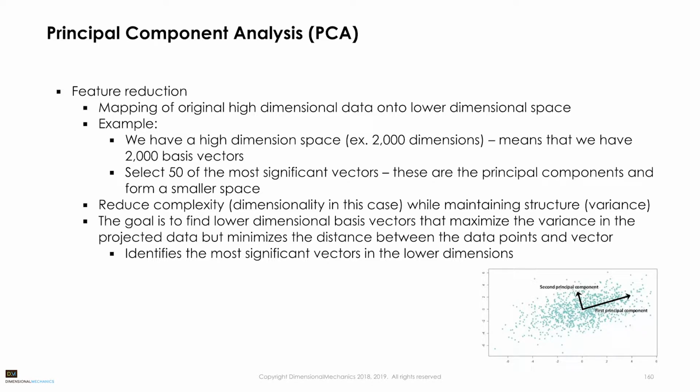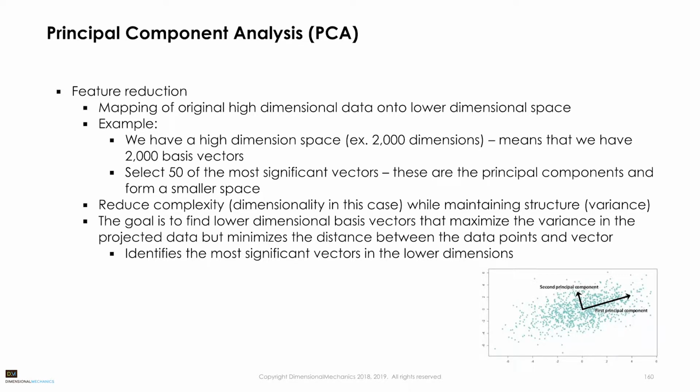There is loss of information any time you go from a high dimensional space to a lower dimensional space. There will be some information loss as part of the process. It's not like there's no information loss. What you're trying to do is find the most significant vector. If you start with a huge number of dimensions, you want to figure out, in a lower dimensional vector, which vector is most representative of the higher dimensional space.